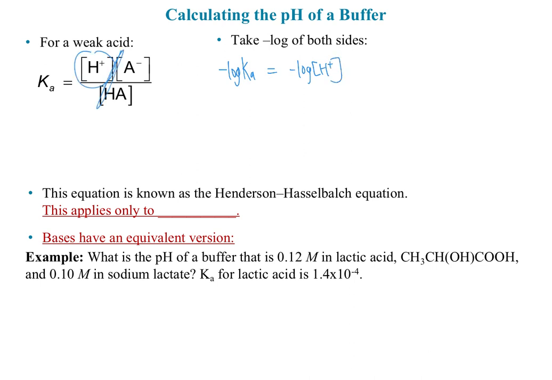When I separate, these two things are being multiplied by hydronium, so I can add the negative log of A minus over HA. What I get here is negative log of Ka, called pKa, equals negative log of hydronium, which is pH, plus negative log of the base over the acid, the conjugate base pair.